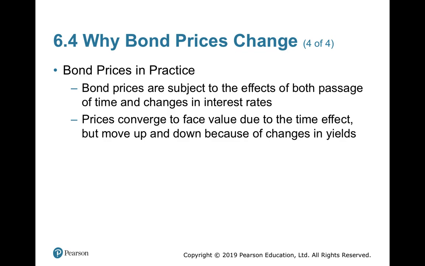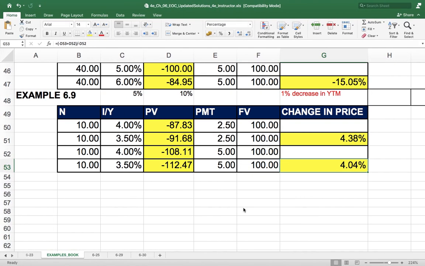What is the impact? For higher duration, higher maturity bonds, the interest rate risk is higher. For lower maturity bonds, the interest rate risk is lower. We have seen the examples. Similarly for coupon payment, for higher coupon bonds, interest rate risk is lower; for lower coupon bonds, interest rate risk is higher, 4.38 versus 4.04.